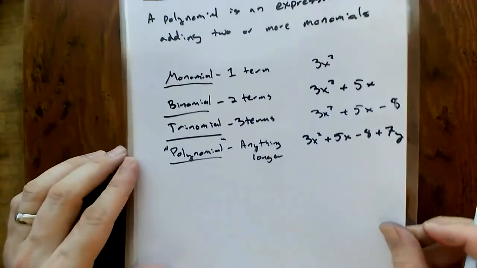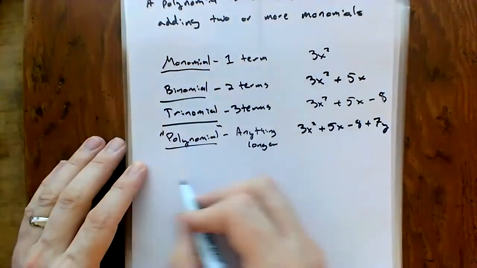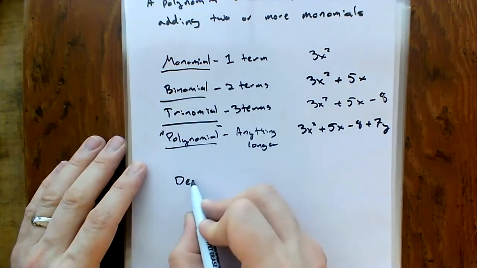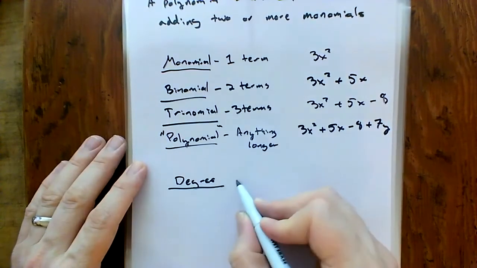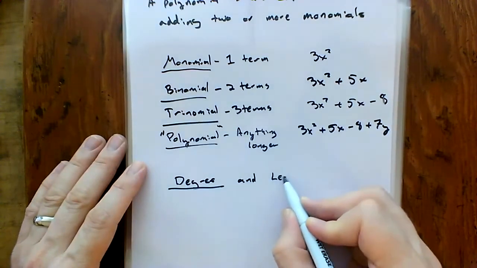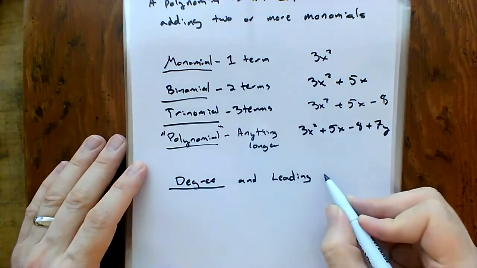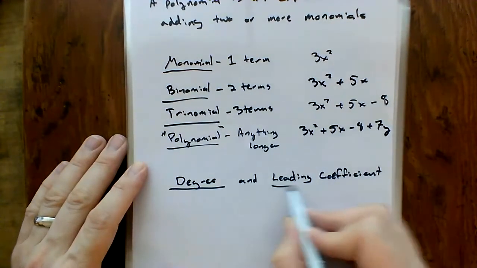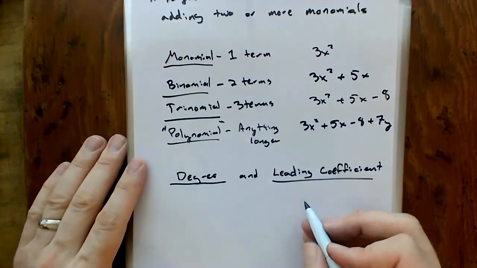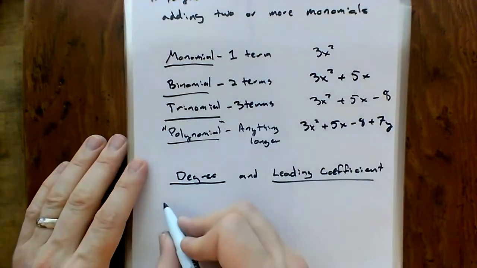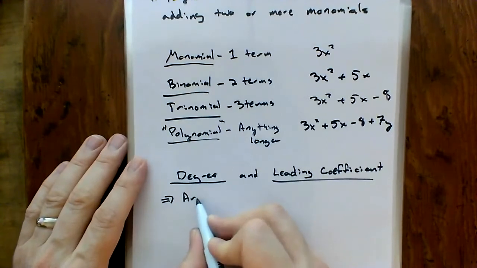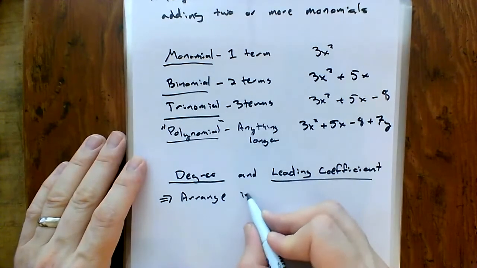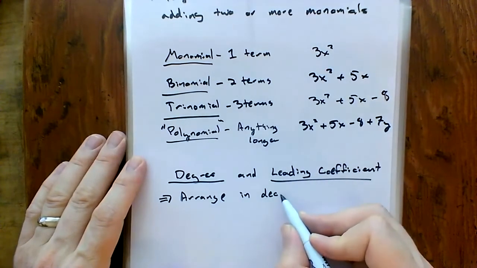Now, the other thing we want to talk about is the leading coefficient and degree. If I were to arrange any polynomial, what you're going to do is arrange your polynomial in decreasing order of power.